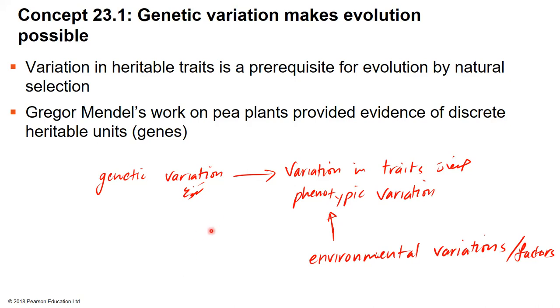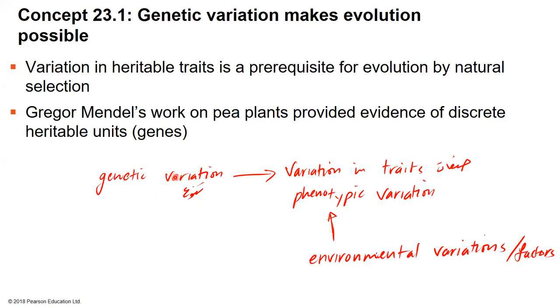Now, in order for natural selection to happen and allele frequencies to change, the population must have some level of genetic variation. If the population is homogeneous in terms of the genotype, natural selection will not be happening, or the chance that natural selection will happen will be very low.